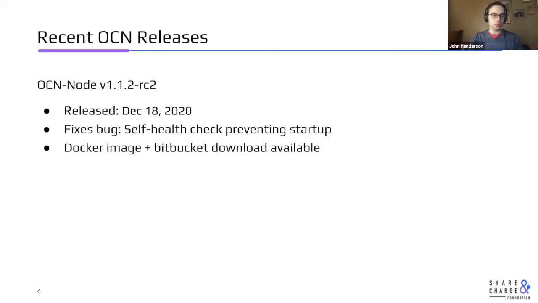It was a small bug fix regarding the self healing check at the start of the OCN node startup that was preventing one of the users of the OCN node from starting because he had his node behind an application gateway. So that has been changed. I just want to mention that I think it was a good example of someone outside of the core team, if you will, contributing a fix.